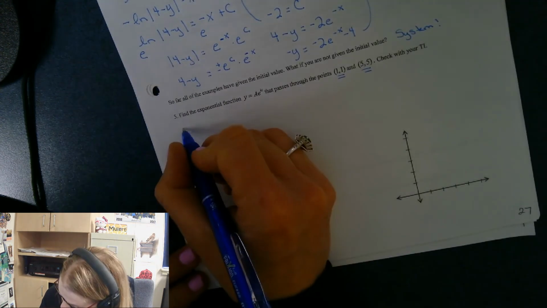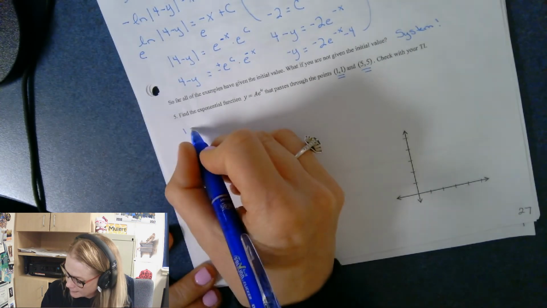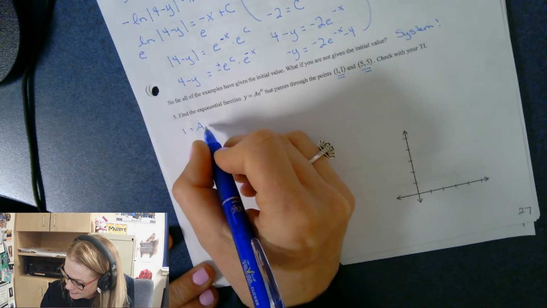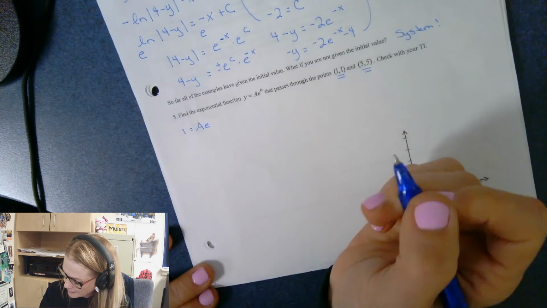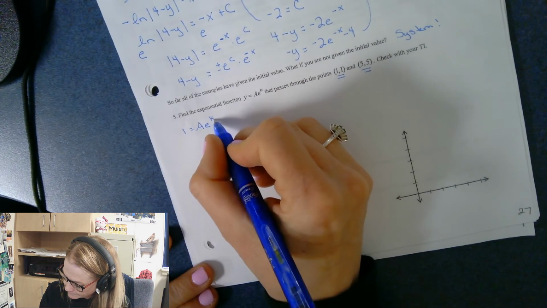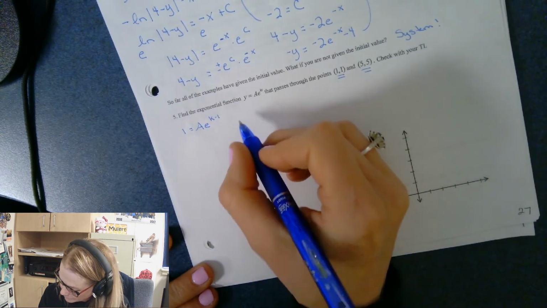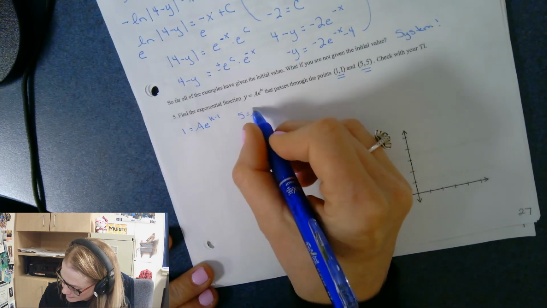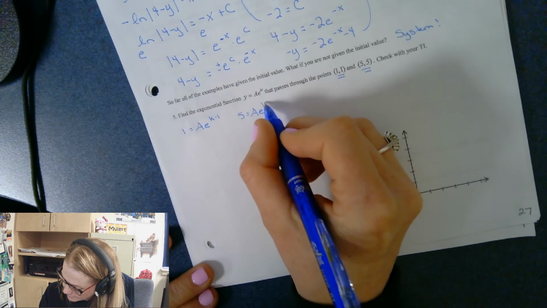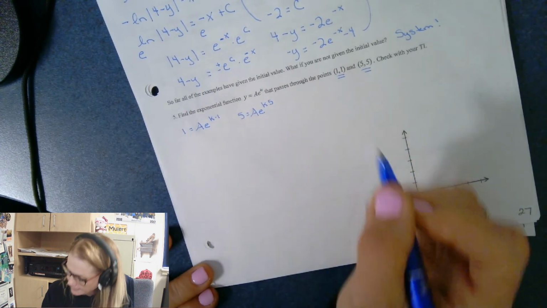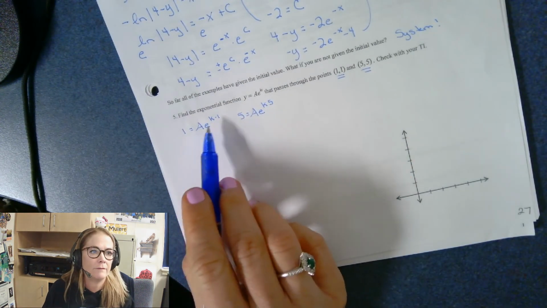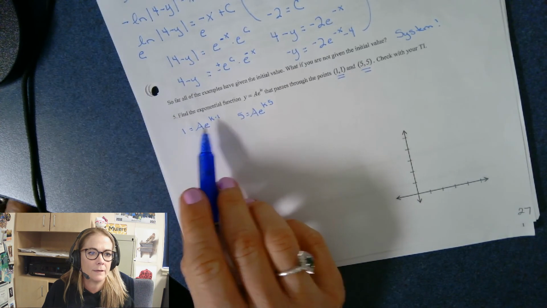All right, so one system will be 1 equals a e to the kt, and the other will be 5 equals a e to the k5. All right, so we want to solve for one of the variables, and then plug one equation into the other.